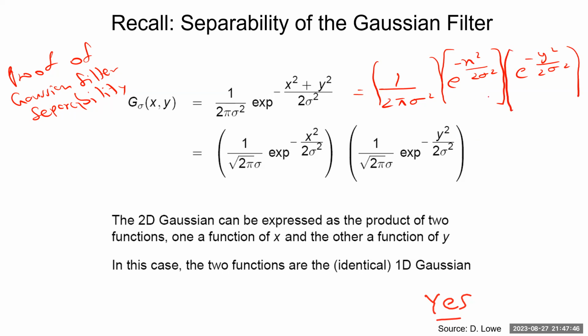So basically you can separate this and write them as two separate functions, one in x and one in y. This is the separability proof.